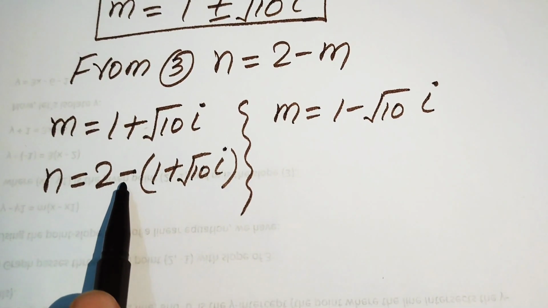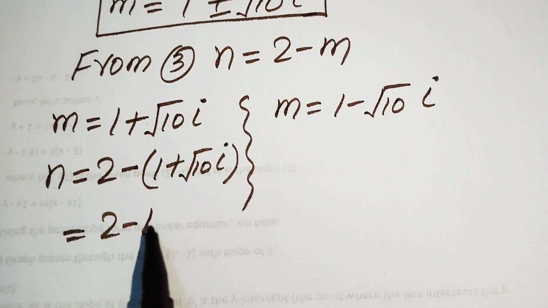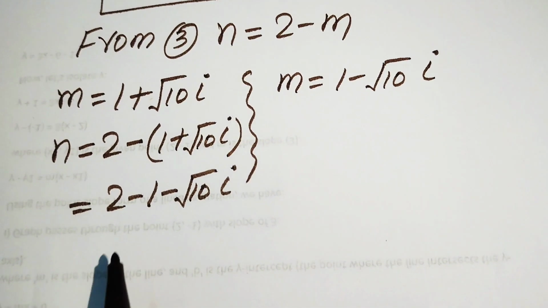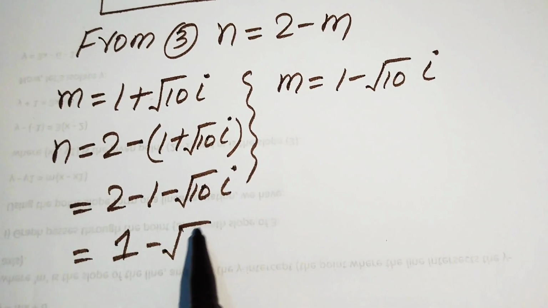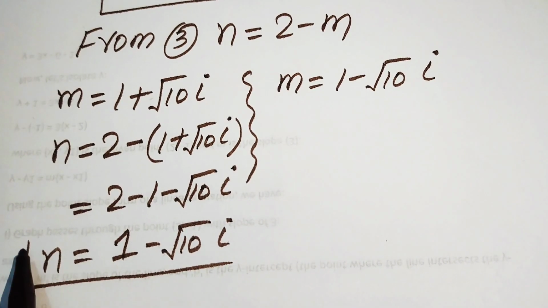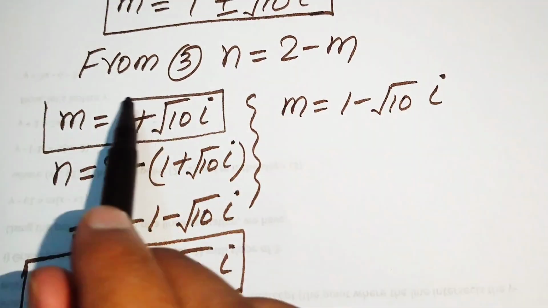Now we multiply this minus 1 on both of these terms, and it will be written as 2 minus 1 minus square root of 10 iota, and 2 minus 1 equals plus 1 minus square root of 10 iota. So this is the value of n corresponding to this value of m.